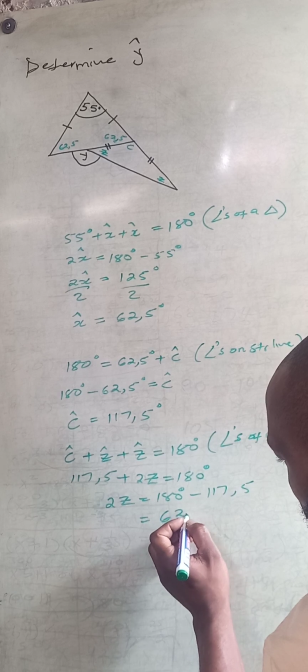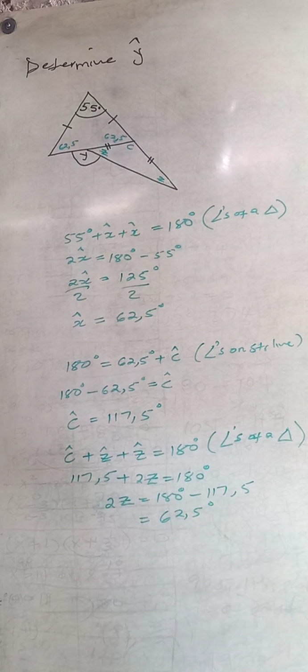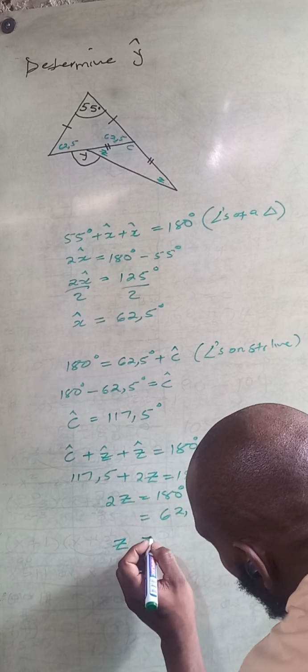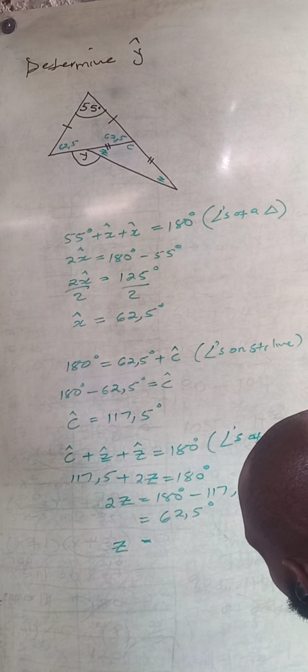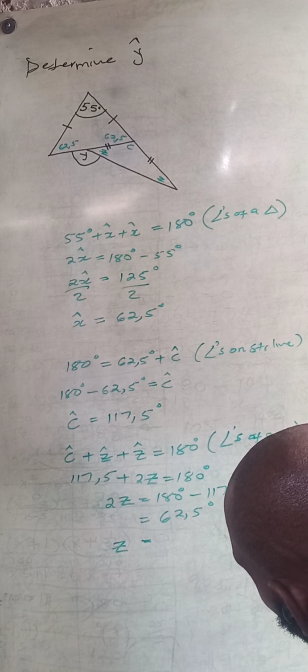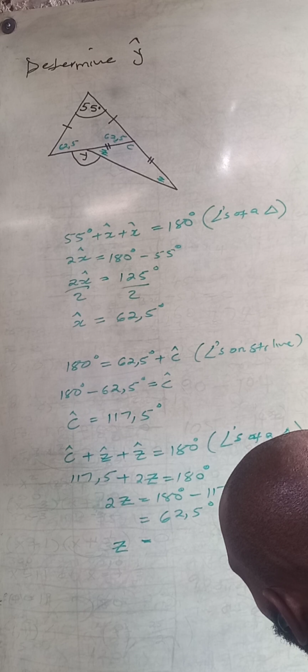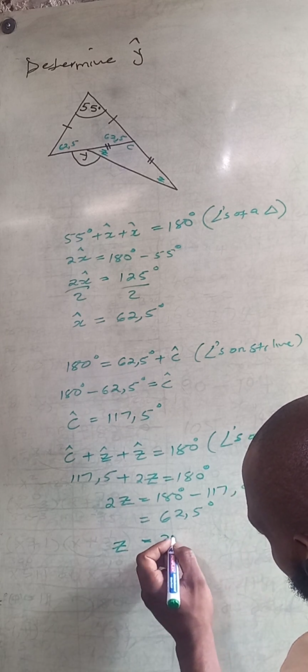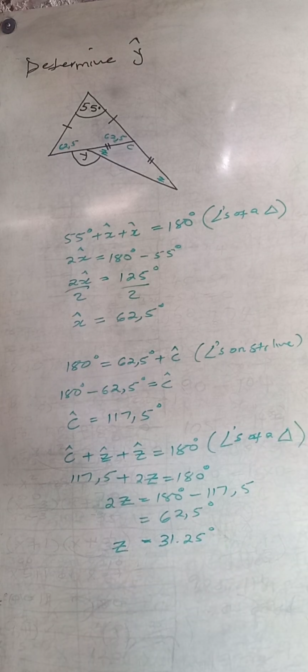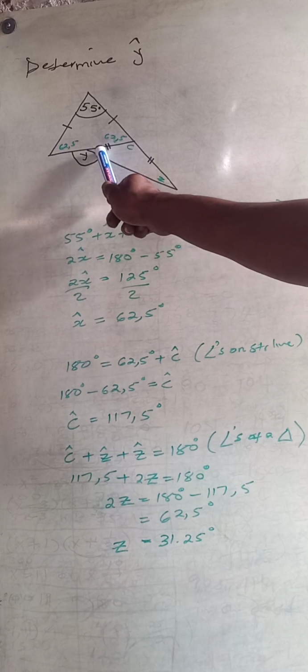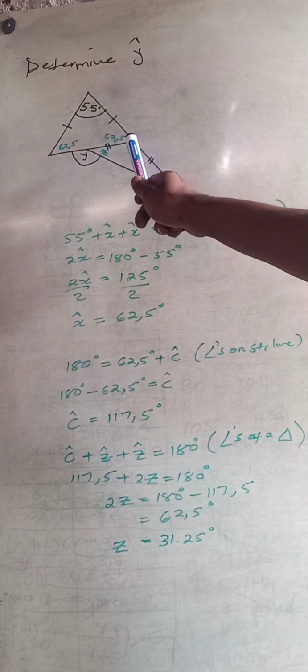This will give us 62.5 degrees. Therefore, what is z? Z will be this divided by 2. I think it's 31.25 degrees. So this is 31.25 degrees, this is 31.25 degrees.